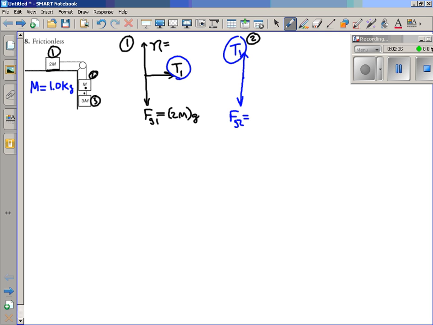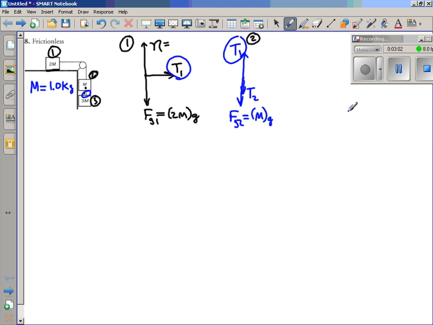And that's equal to the object's mass, m, times g. And there's also a tension acting in the downward direction from this string, that rope. And so I'll point that down, tension 2, we'll call that. And so we have those three forces acting on object 2.